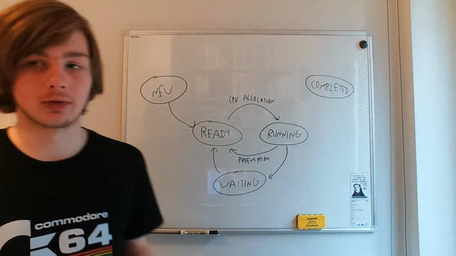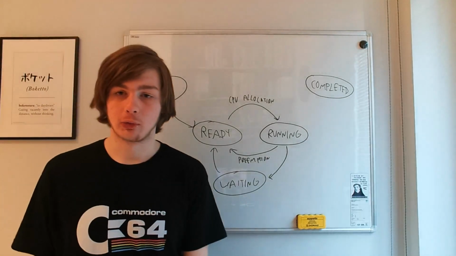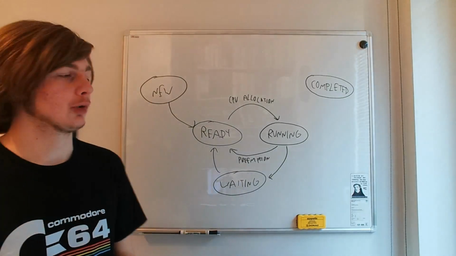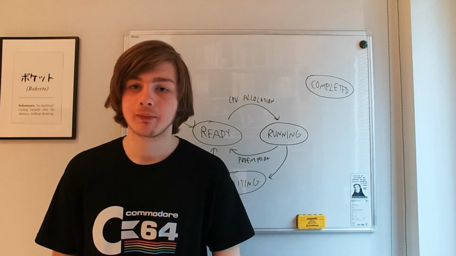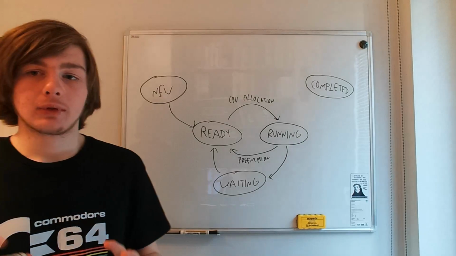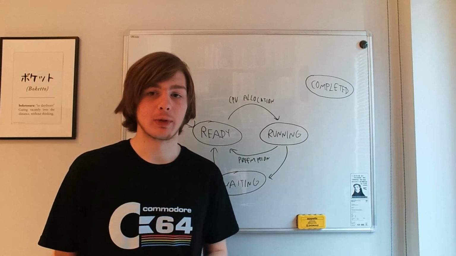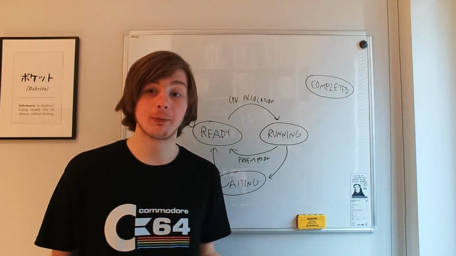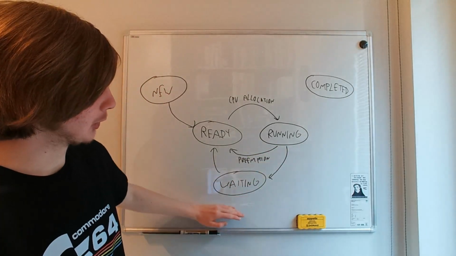So this scenario, for example, occurs in a situation in which you have a process and, for example, it needs to wait for some I/O operation. So, for example, let's say that a program wants to print something. Well, it has to wait for the printer to actually perform all of the printing. And thus, it can go into a waiting state.